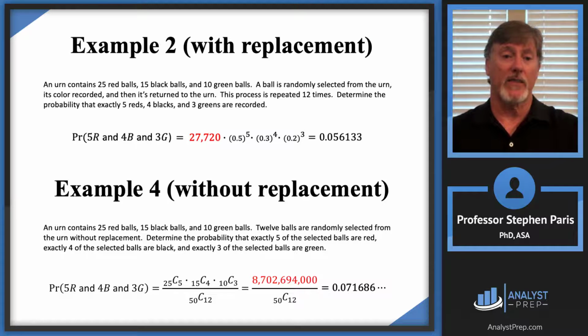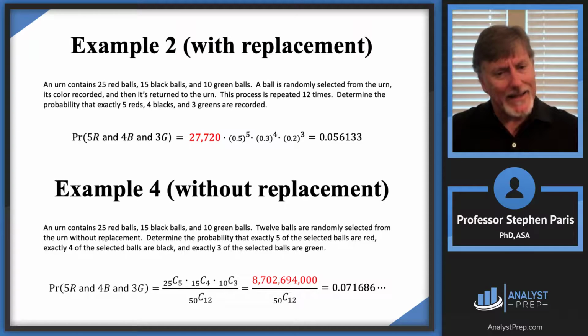And then we multiplied that by 27,720, which was the number of distinguishable arrangements or distinguishable permutations of the colors recorded. And then in example 4, I used a different technique when I had a problem without replacement.